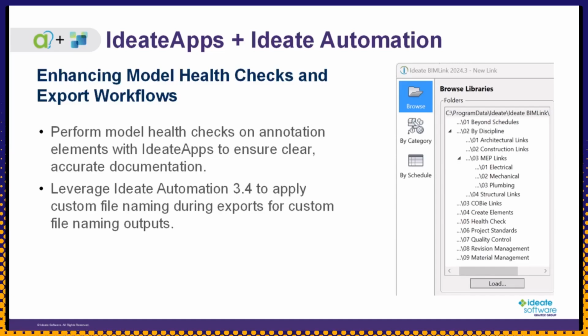In Ideate Automation 3.4, this is achieved by integrating Ideate Renumber, which concatenates key data such as sheet number, sheet name, project codes, and other parameters into a structured naming rule for consistent and standardized file naming. I'm really excited to cover the renumber process in detail later in this session.